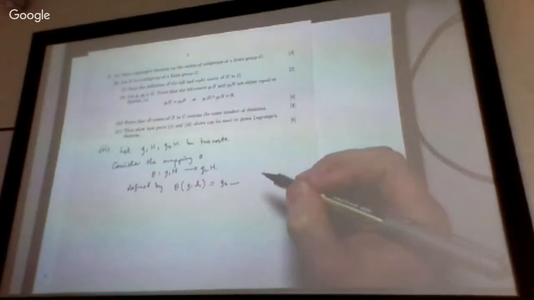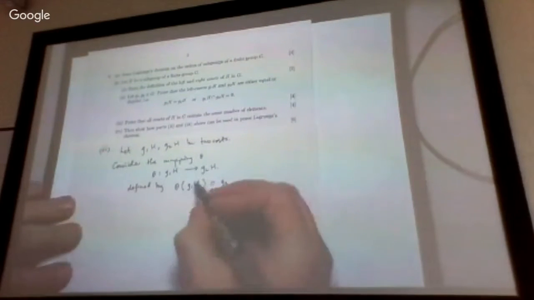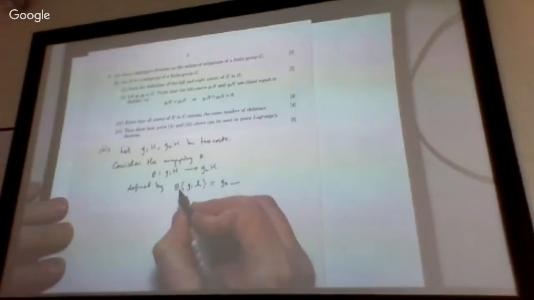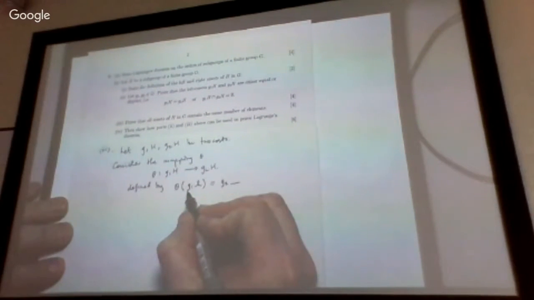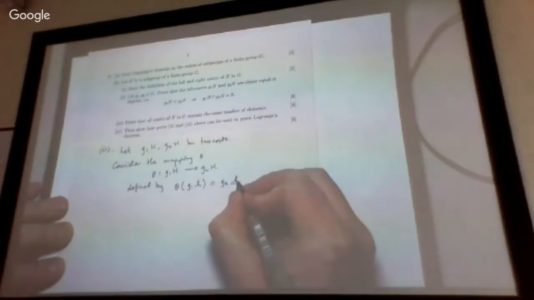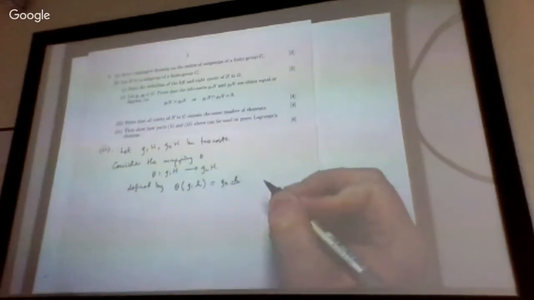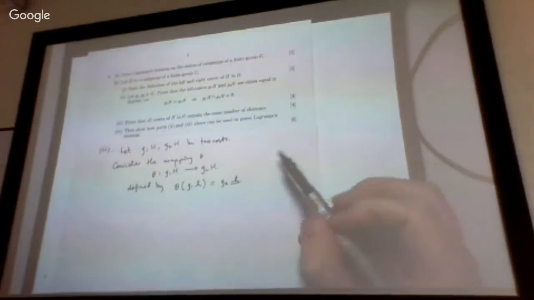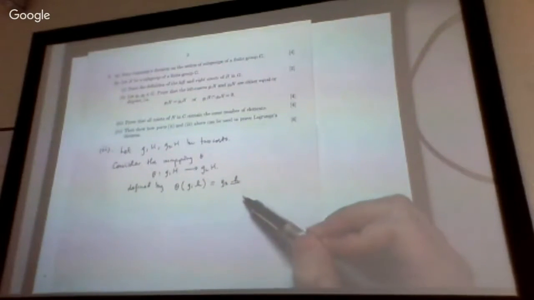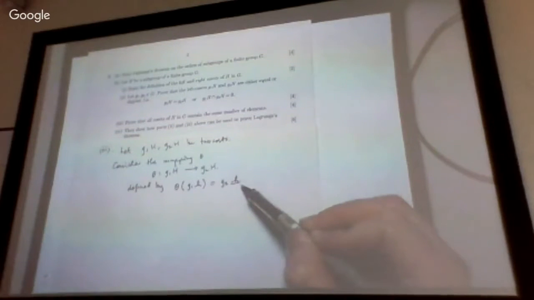So I will put g2, g1 inverse, g1, H. So multiplying each element of the first coset by g2 g1 inverse.